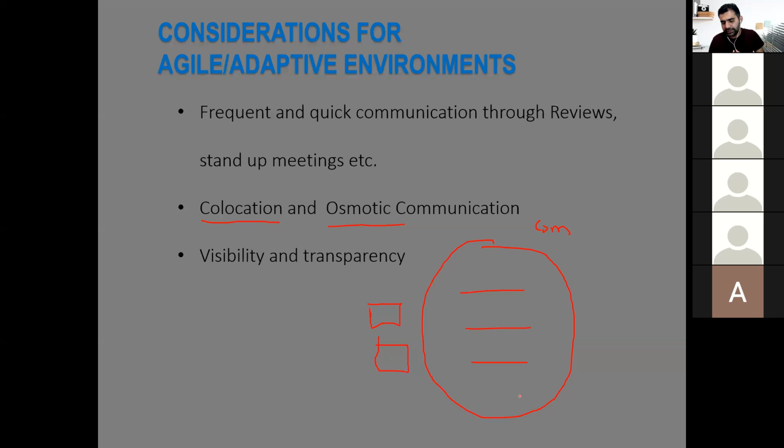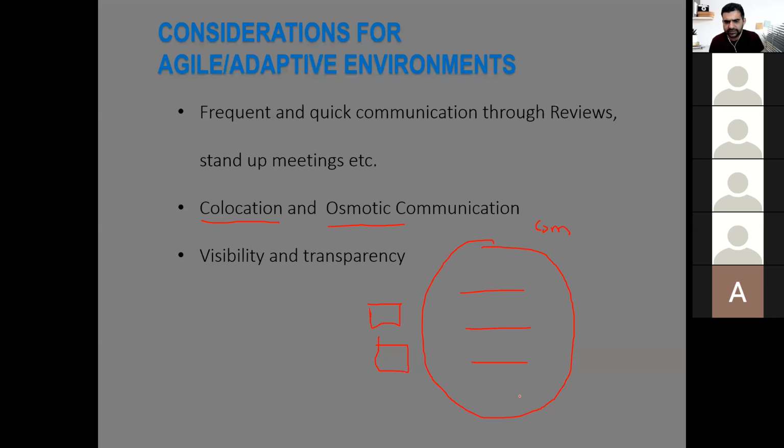For example, if they are discussing a particular problem and they are talking about the solution, you will also get awareness about that solution. That is more like osmotic communication. Yes, Grace. Oh yeah, I was going to say a sort of accidental learning of information. True. So that is one example of osmotic communications.